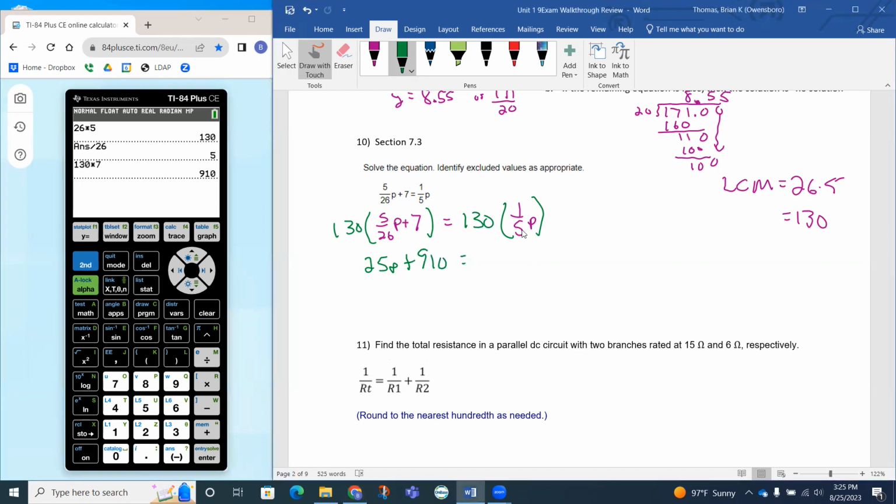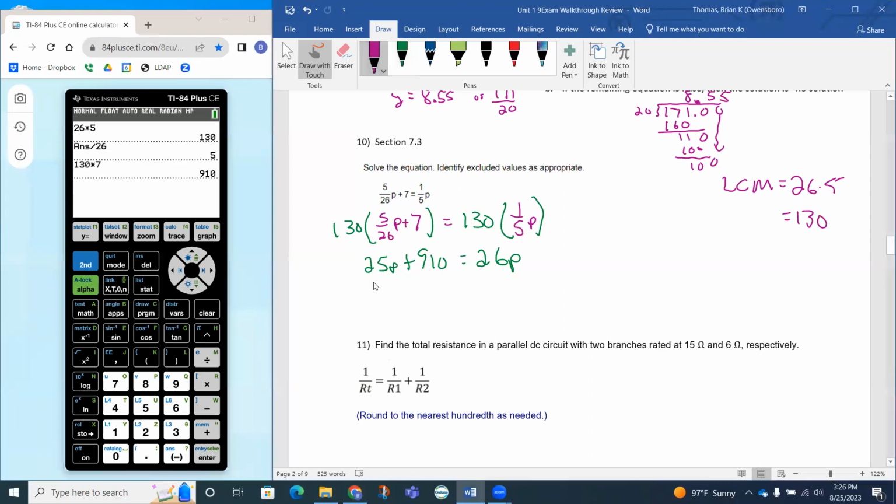Over here, what I want to do is multiply the 130 times the 1/5 p. But notice how this 5 is going to cancel with this 130. That's going to leave me this 26. So the 26 times 1 is going to be 26p. So from there, I want to solve for p. Since it's on both sides, we pick on the little guy.